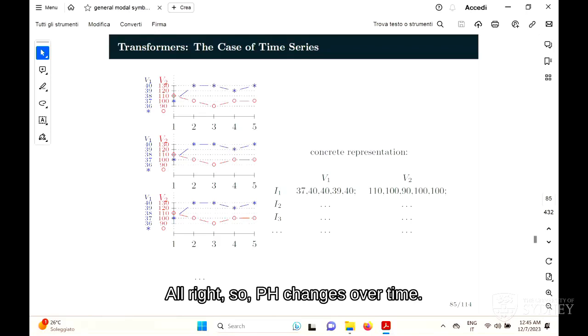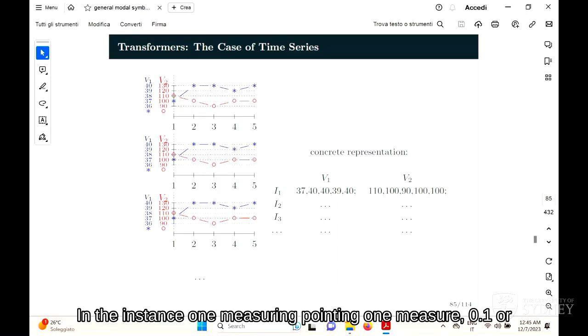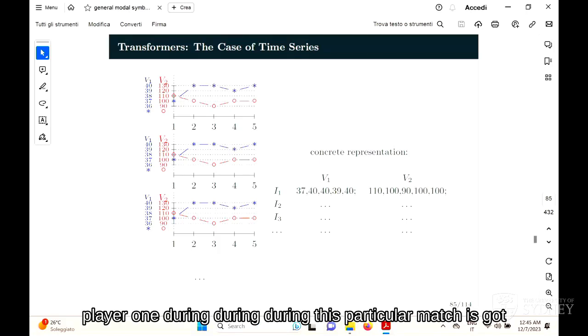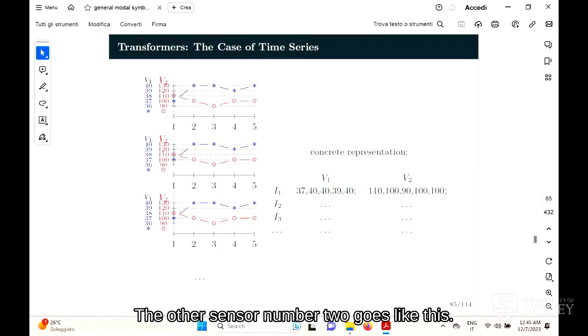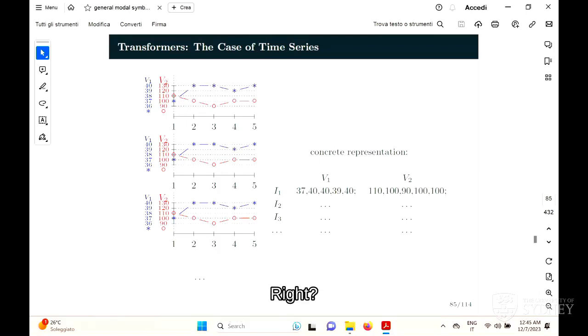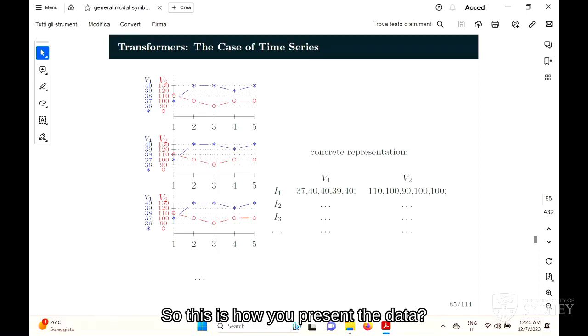The pH changes over time in instance 1, measuring point 1, or player 1 during this particular match, and has these values. And then Y, or acidity or whatever it is, the other sensor number 2, goes like this. So this is how you present the data.